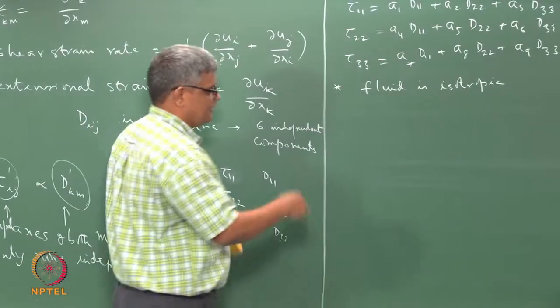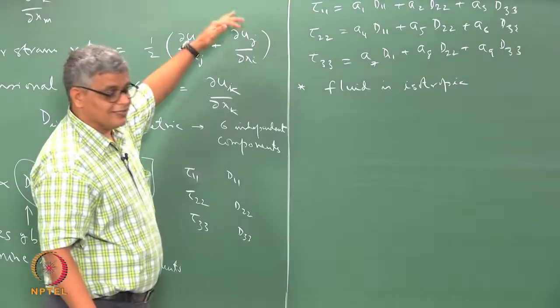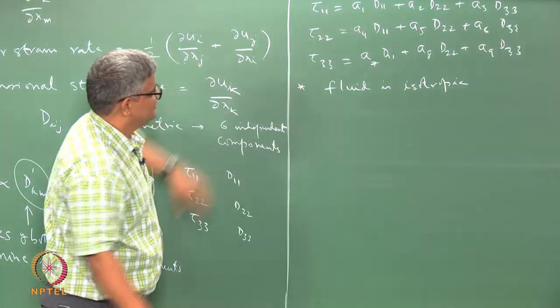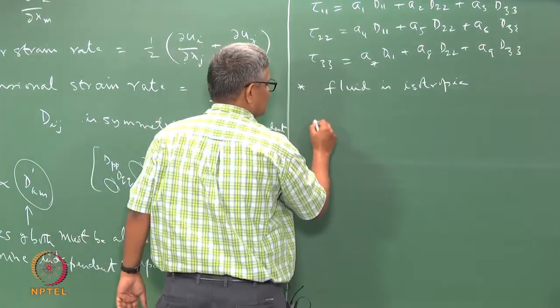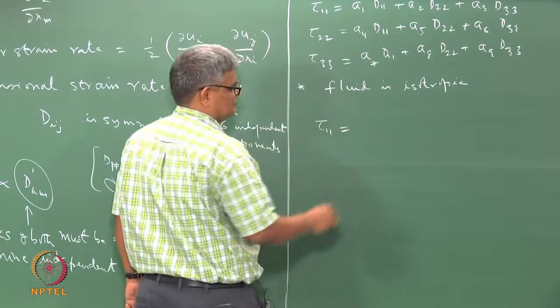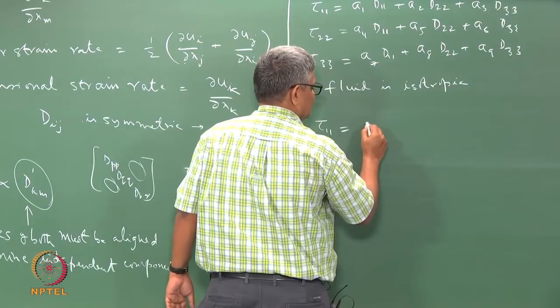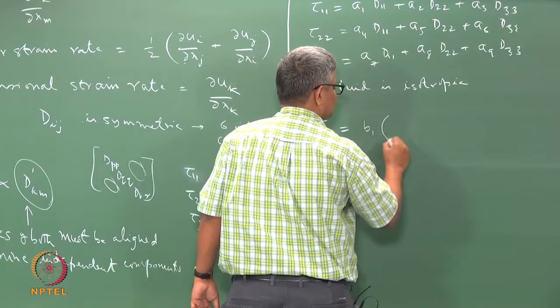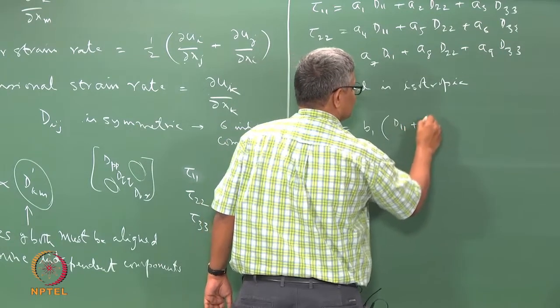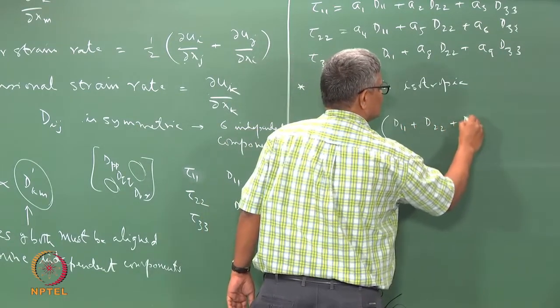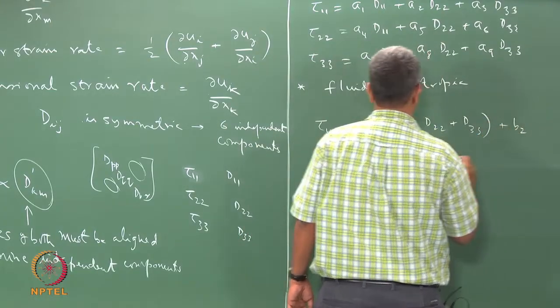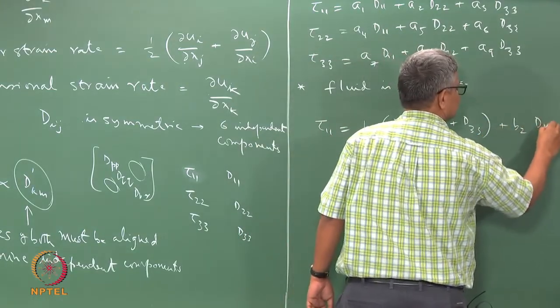So, that is the idea, and that kind of deformation can be rewritten in this way: tau 11 is B1 times (D11 plus D22 plus D33) plus B2 times D11.